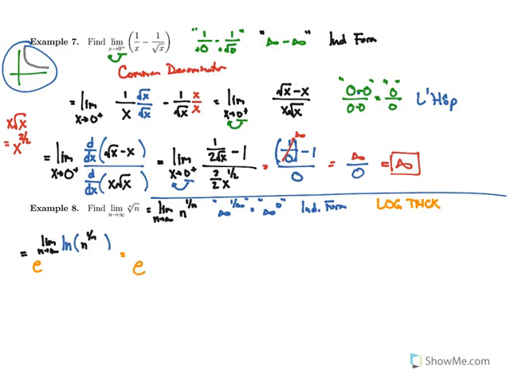This is going to be e to the limit as n approaches infinity, we can bring the 1 over n out in front. That's the log rule that we're going to do. And note that that's kind of the whole purpose of doing the log trick, is to use one of the log rules. If you're not doing that, then there's really no point to bring in the natural log.